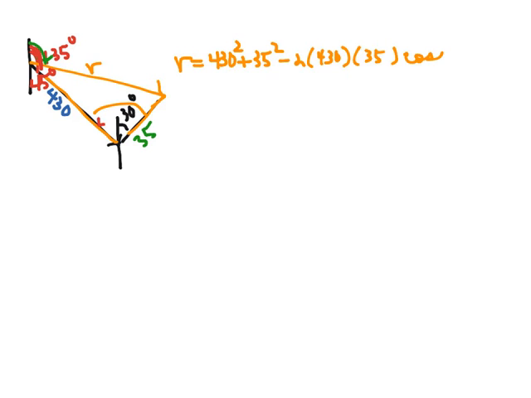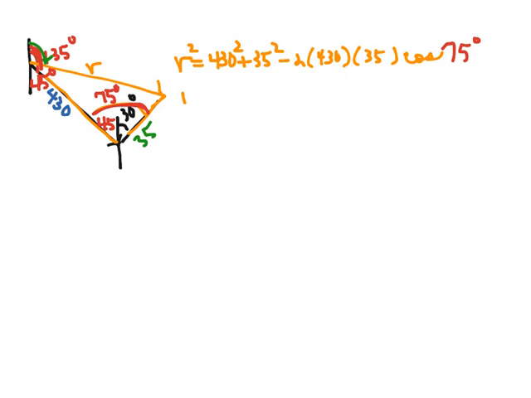And that angle is alternate interior to the angle in our triangle. And so that's going to make this total angle in our triangle be 75 degrees if we add the 30 to it. So this would be the cosine of 75 degrees.